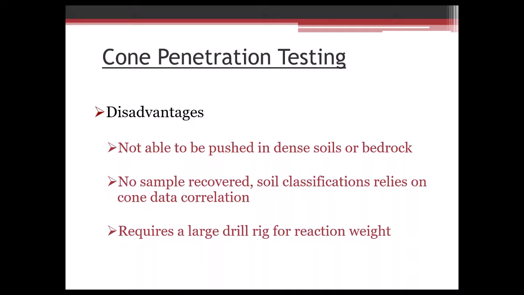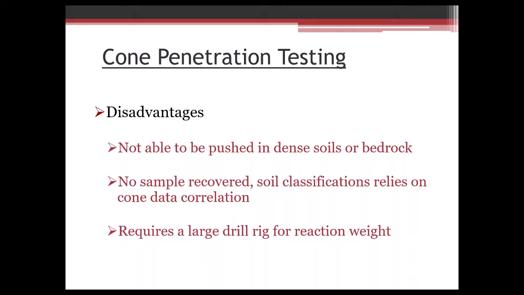So generally, I always recommend a combination of methods, whether it be CPT and conventional borings, or in some form or another, some way to get some samples so that we can see what's there and make sure that what we're seeing with the CPT is accurate when it comes to the soil classification.